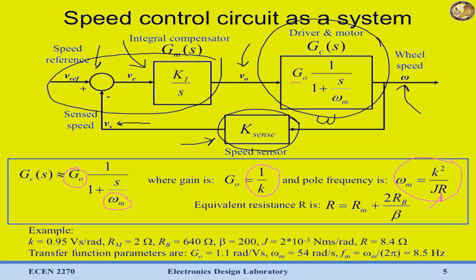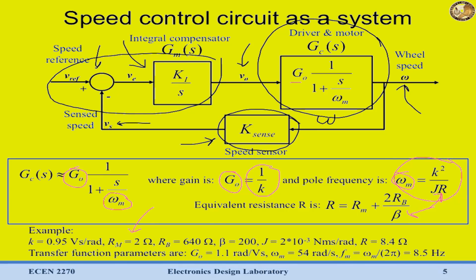Here R is an equivalent resistance equal to this, which is dependent on our motor parameters as well as the BJTs that we've used. Now we can calculate all these constants, G0 and omega M, just based on the parameters we derived in the previous labs. Here you can see an example of how that's done. Just plug in the numbers you had and you end up with an answer for G0 and omega M.